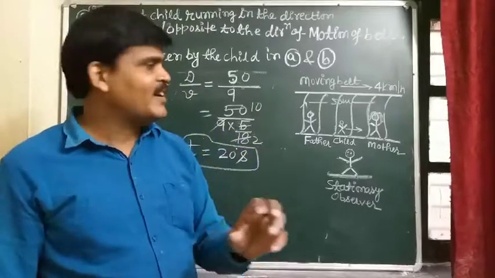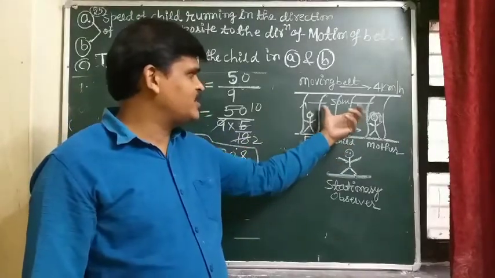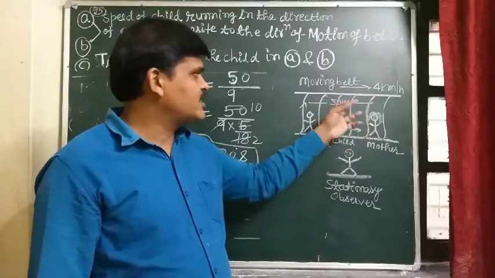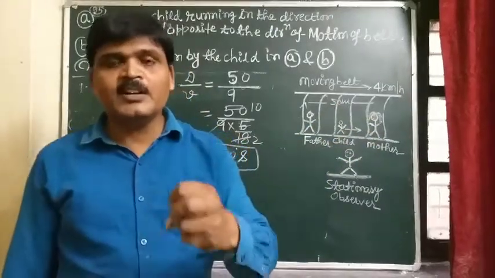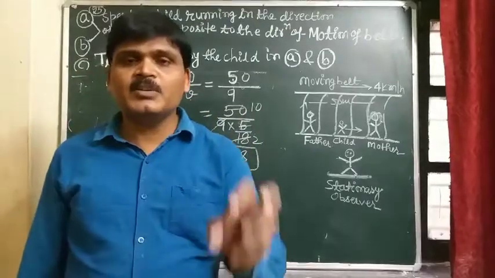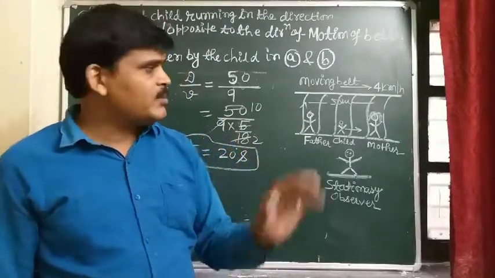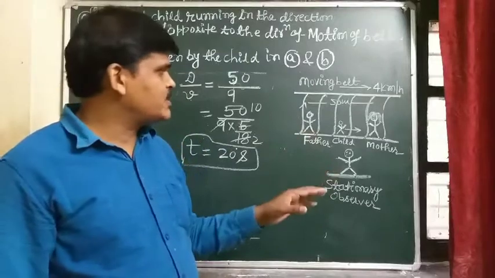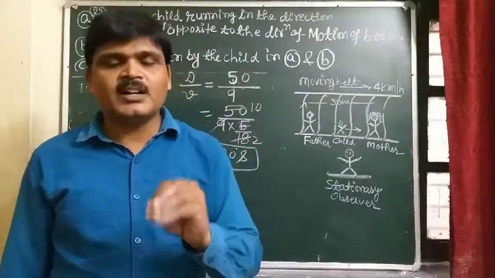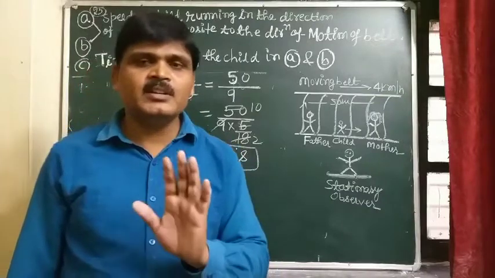But as the speed of the child between them remains 9 kilometer per hour and the distance between them is 50 meter, the third part, C part, answer will not be changed. So if the motion is viewed by one of the parents, answers A and B change, but answer C will not be changed.